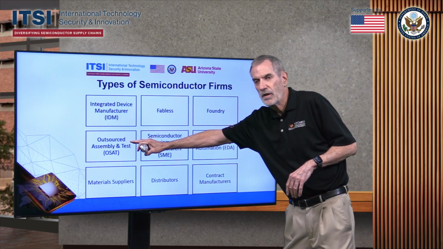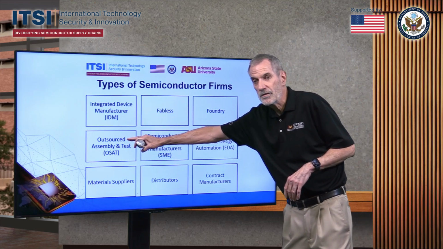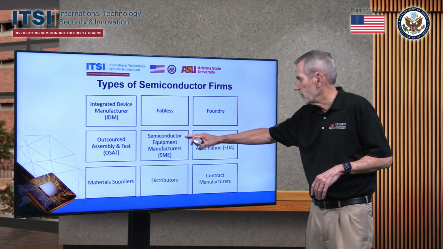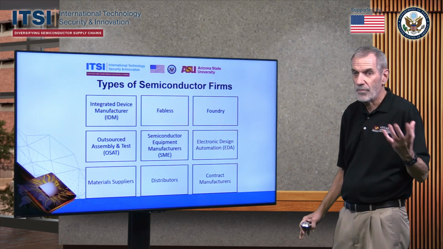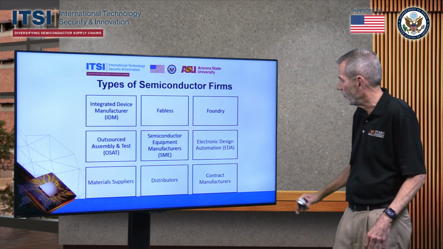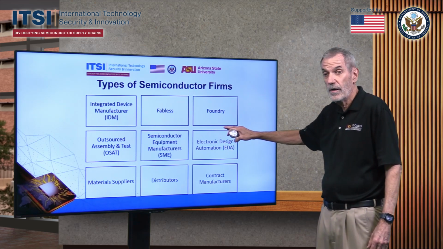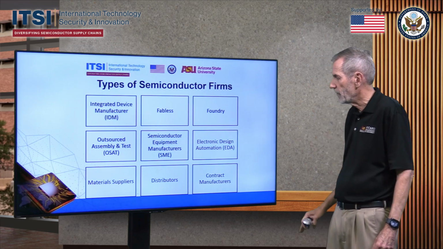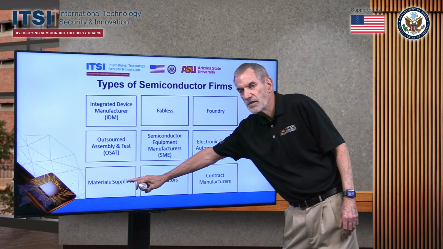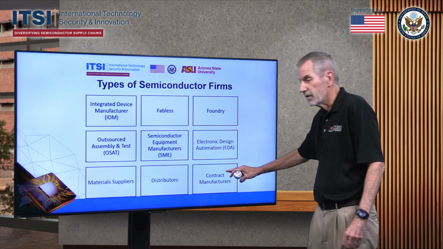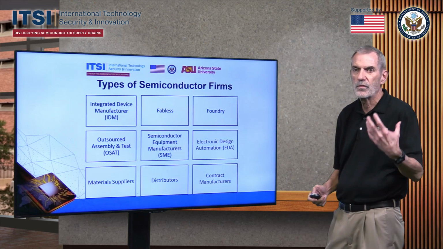Assembly and test would also be part of the integrated device manufacturer, but they've got the semiconductor equipment that goes in. You've got to have this complex equipment to make semiconductor devices. You have the electronic design automation software that helps support the design part. You've got material suppliers, you've got distributors, and ultimately you've got contract manufacturers who use those products.